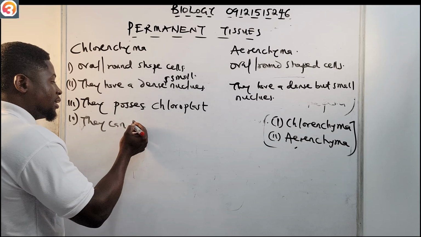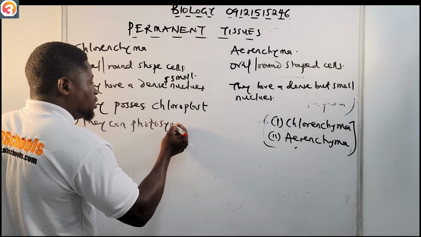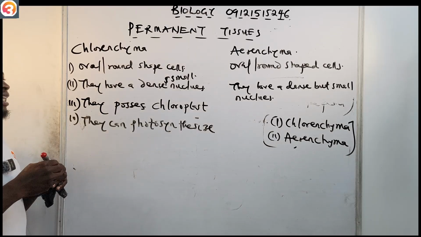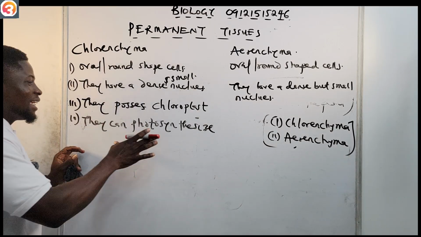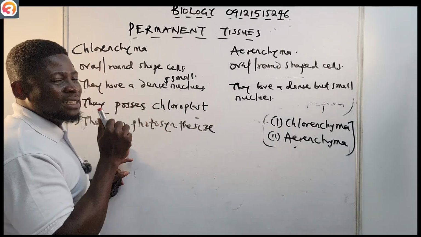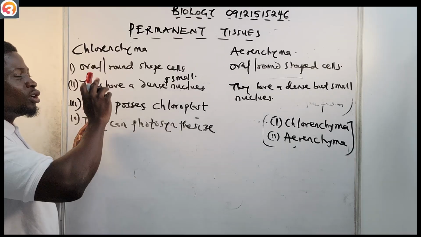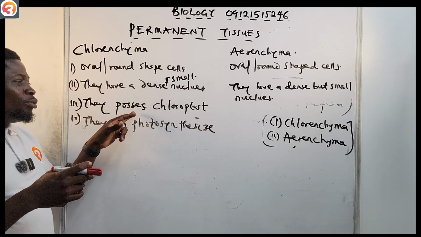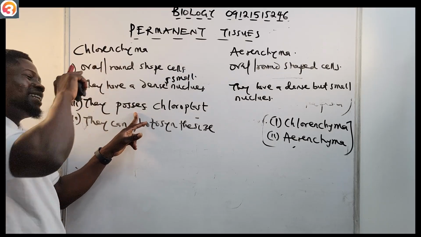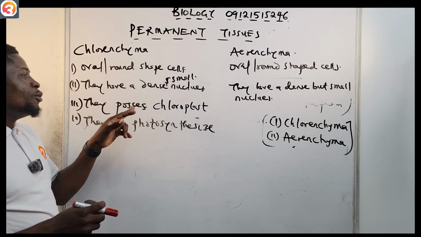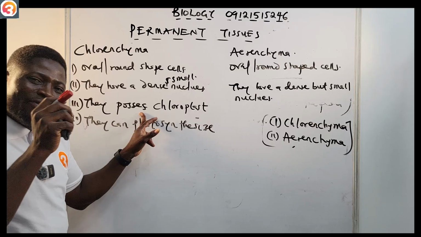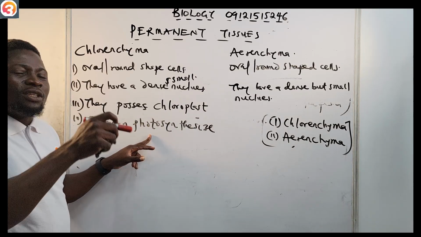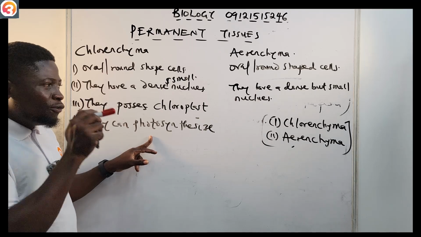So they possess chloroplast, so they can carry on photosynthesis. Although they have all of the other characteristics of parenchyma tissues, they possess chloroplast. This particular category of parenchyma tissues possesses chloroplast, and by virtue of its possession of chloroplast, it can partake in photosynthesis. It can carry out photosynthesis.